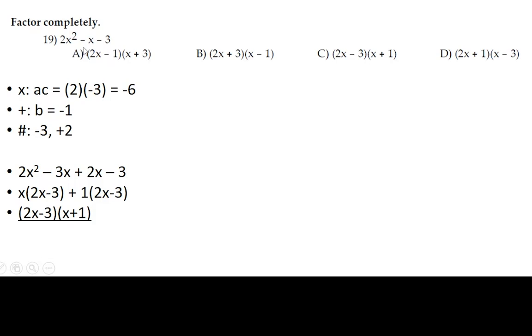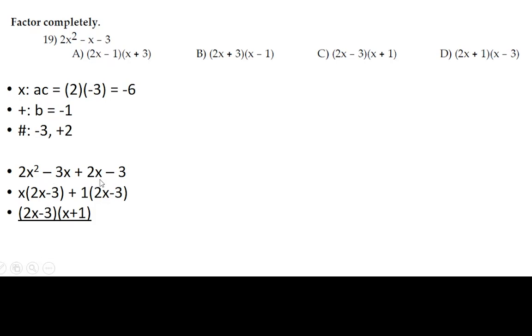The addition goal is still b. In this example, it is negative 1. So the numbers that multiply to negative 6 and add to negative 1 happen to be negative 3 and positive 2. We use those to split up the middle term. And now we have a four-term polynomial. Instead of minus x, it's minus 3x plus 2x in the middle.